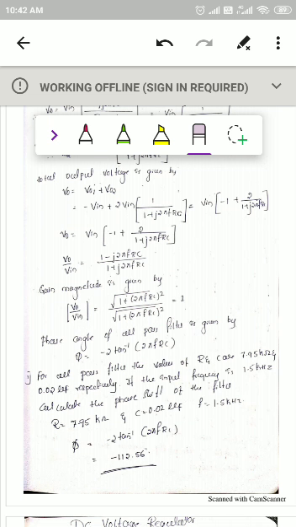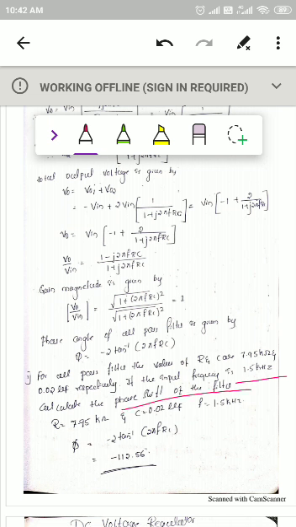One small problem they may ask you, or they may not ask you, in the exams, but I'll discuss a small problem on the all pass filter. The values of R and C are 7.95 kilo ohm and 0.02 microfarad respectively. If the input frequency is 1.5 kilohertz, calculate the phase shift of the filter.